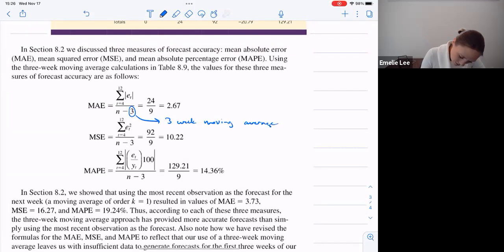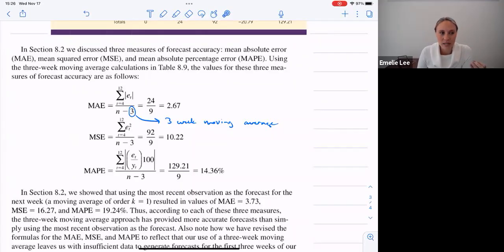Whereas before, when we had n-k here, we said k is 1 because I'm using the previous value as my forecast, so I don't have one in the first row.